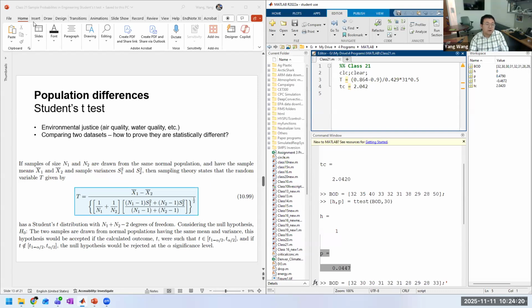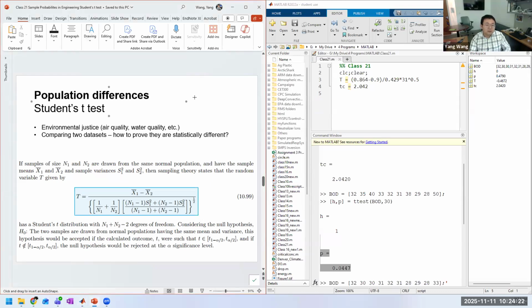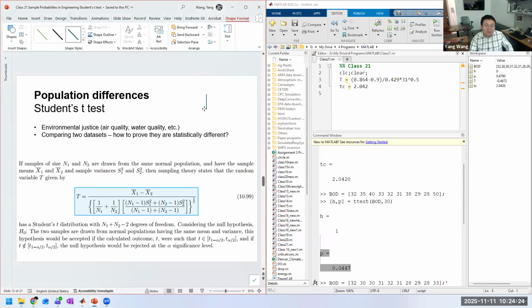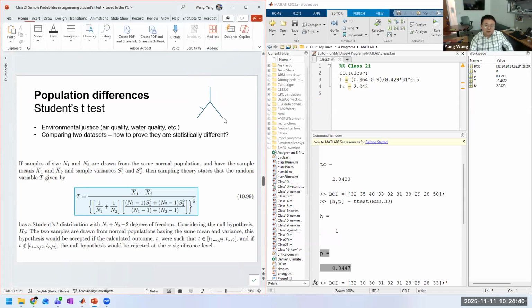So we have this bypass of the two rivers, and the factory is discharging wastewater here, and then we're doing the sampling at these two branches.